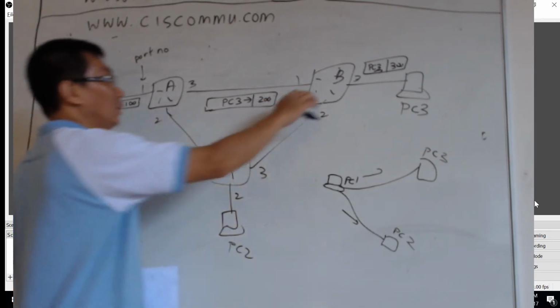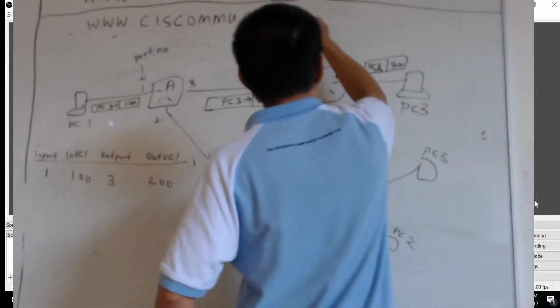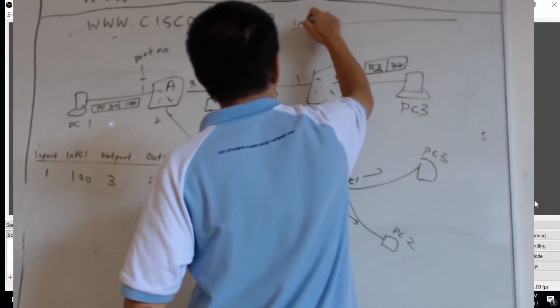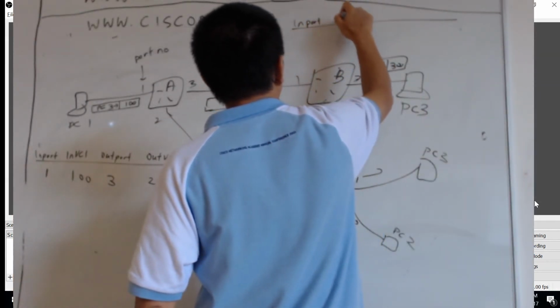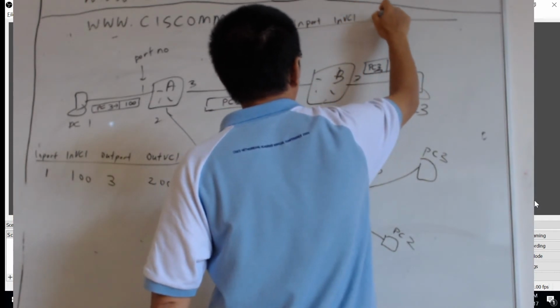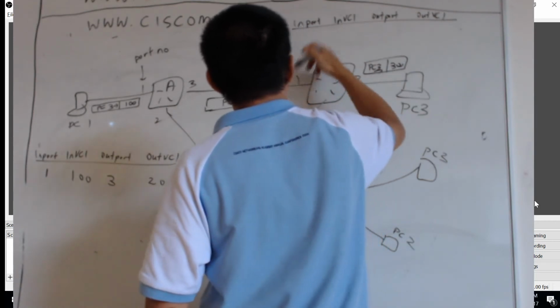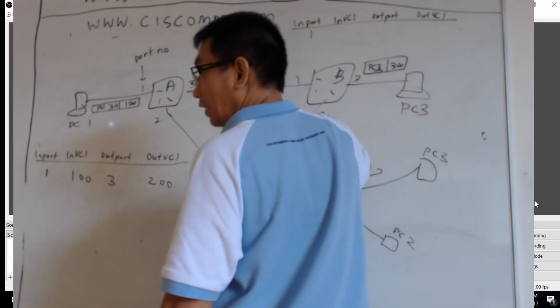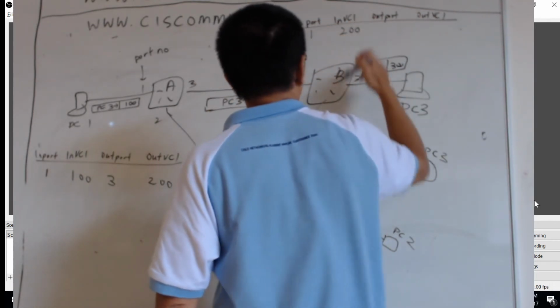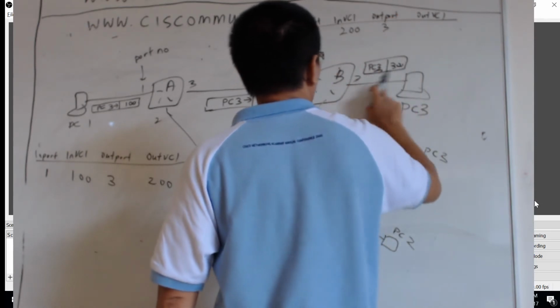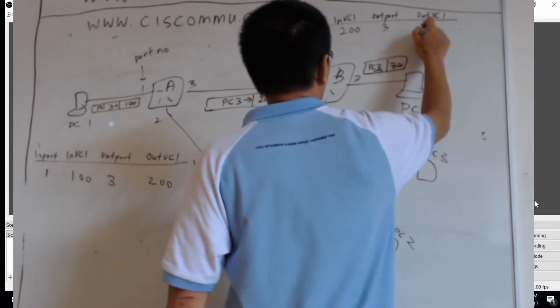Okay, then over here in switch B, you also have the same thing. In port, in VCI, out port, out VCI. So in port is port 1, in VCI is 200, out port is port 3, out VCI will be 300.